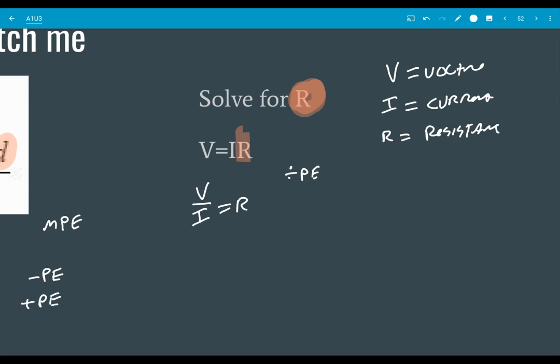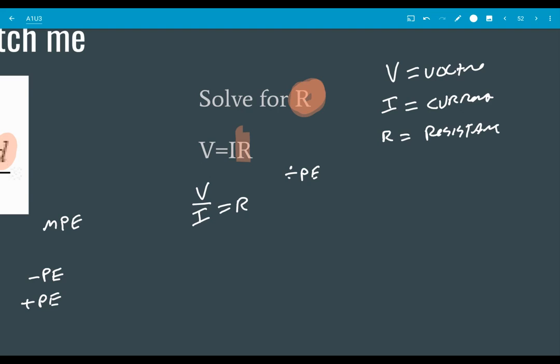And looking at literal equations allows us to see things like, okay, voltage divided by current equals resistance. So looking at these, we know if current increases, resistance has to decrease to keep the same voltage, or vice versa.